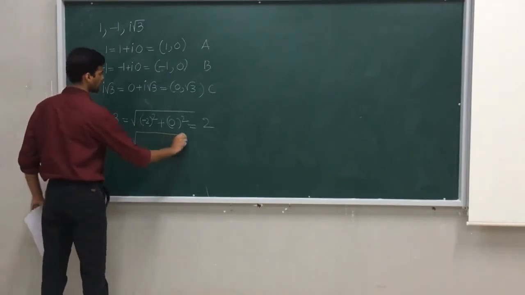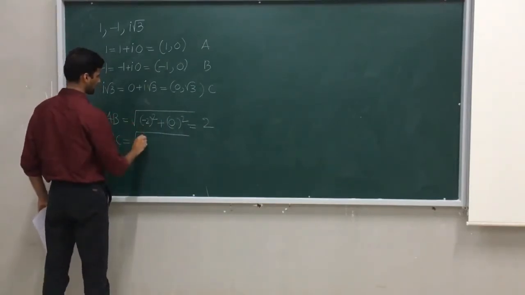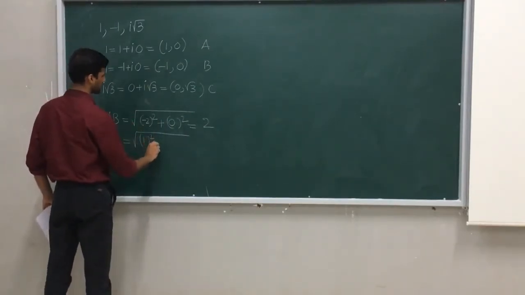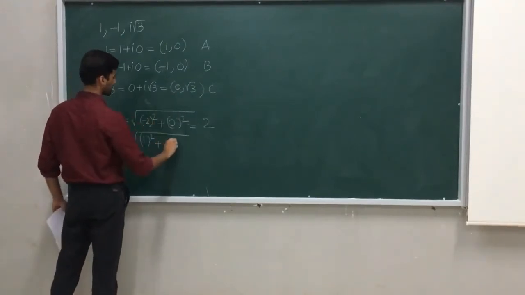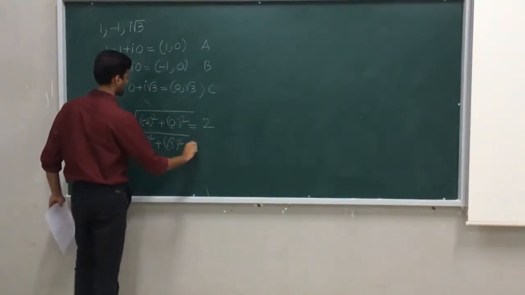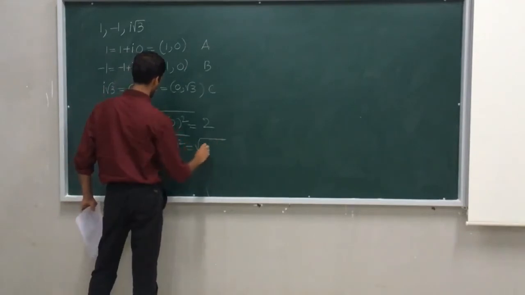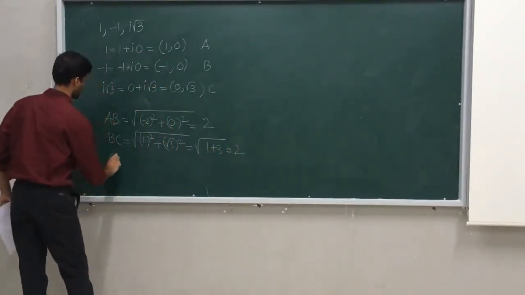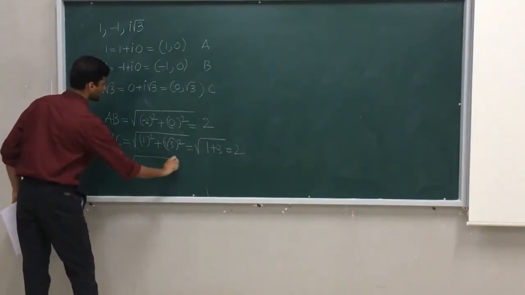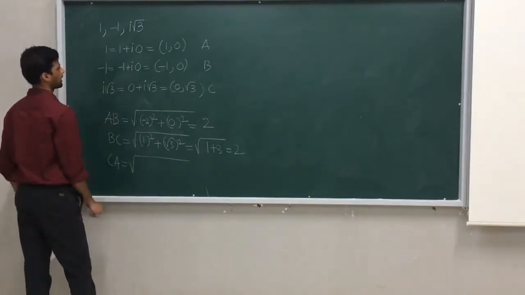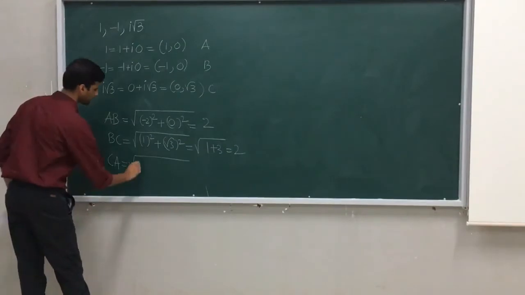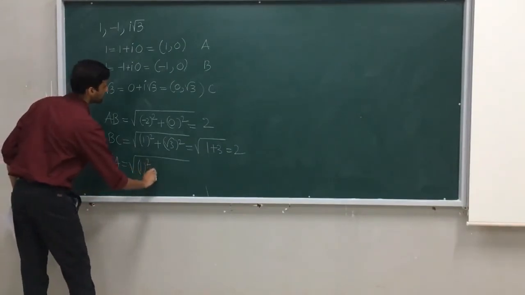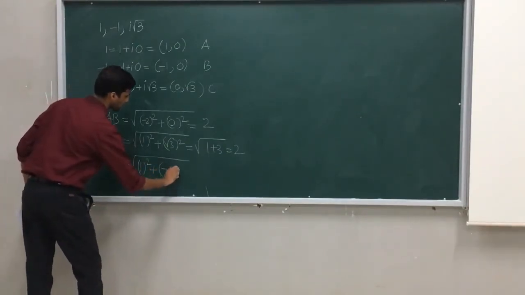So it is nothing but 0 plus 1, 1 square. And root 3 minus 0 square, so root 3 square. So it becomes 1 plus 3, again 2. So if you take CA, I'll take C as 1 minus 0, 1 square, 0 minus root 3 square is minus root 3 square.